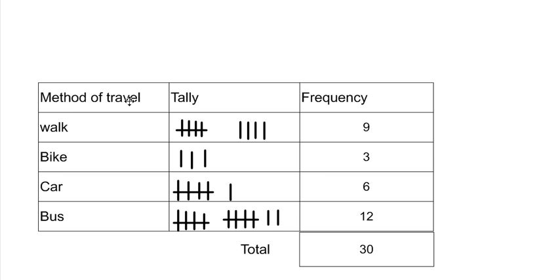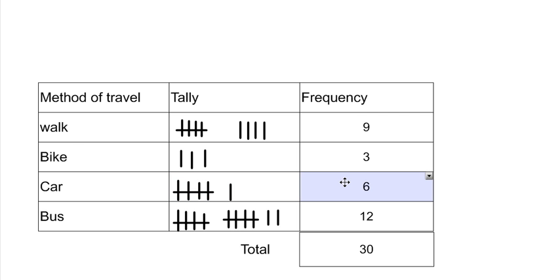Method of travel: people can go to school by walking. We have 1, 2, 3, 4, 5, and 6, 7, 8, and 9. We have 9 people who walk to school. By bike, 3. By car, we count 1, 2, 3, 4, 5, and then 6.